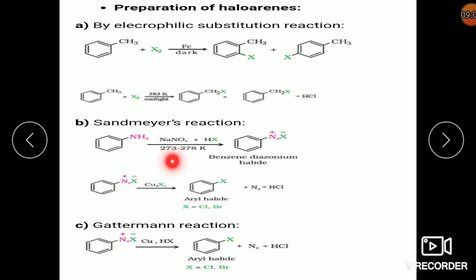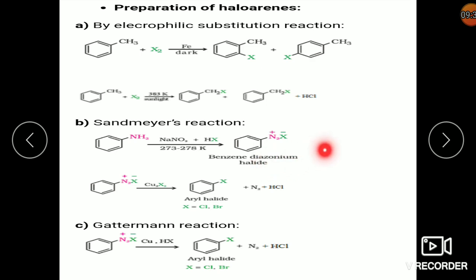See the temperature, 273 to 278 K. It means the temperature is around 0 to 5 degrees centigrade. That means you have to carry out the reaction under very low temperature, and you will get benzene diazonium halide. This is also called diazonium salt because you are getting plus minus charges. Now this derivative is very much unstable. If you increase the temperature, then also this will degrade.